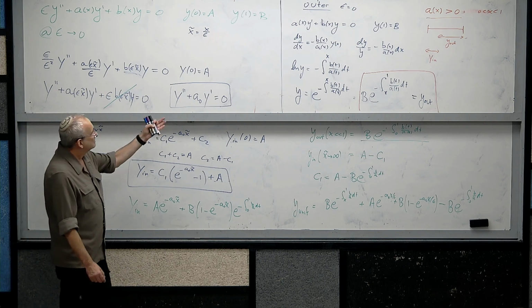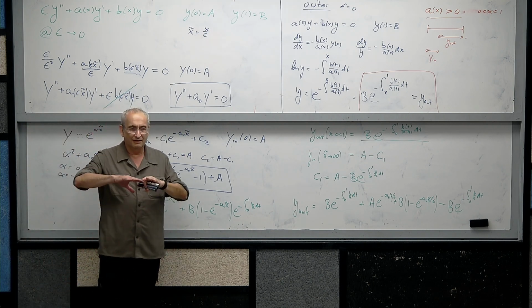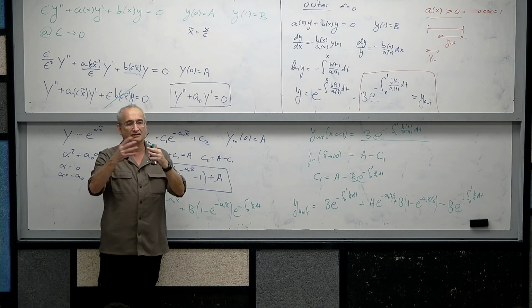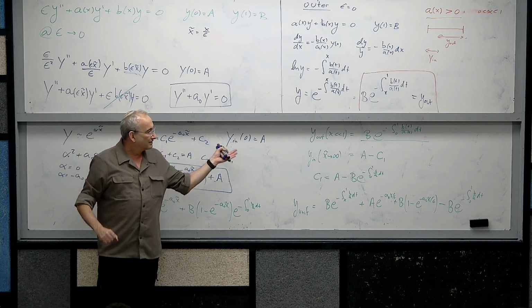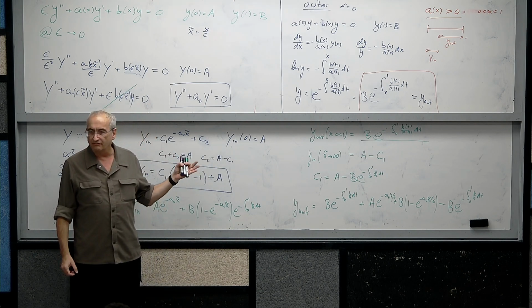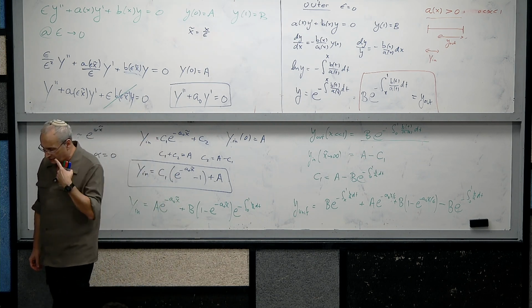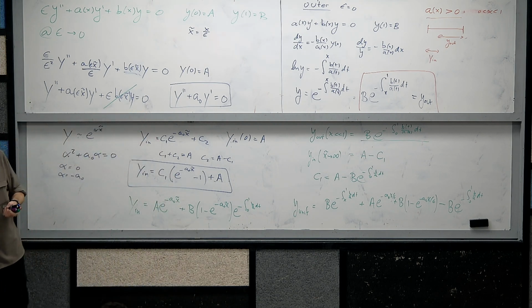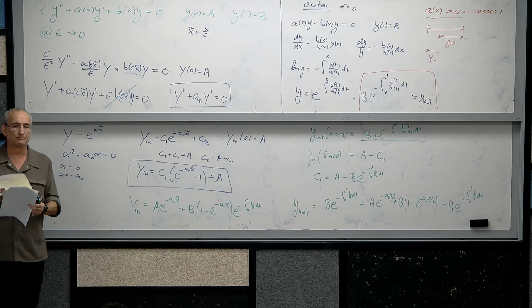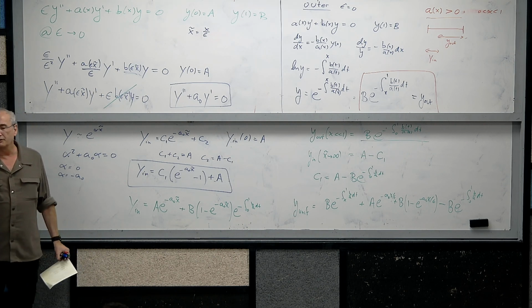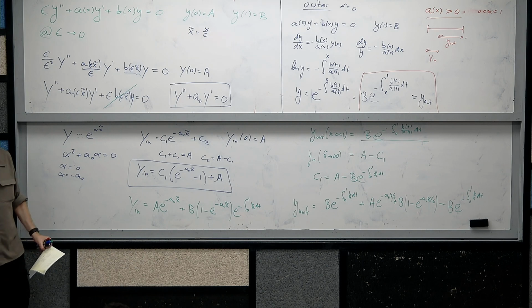And the idea is that you can bridge between the inner region and the outer region by using the technique of asymptotic matching. And next lecture we will elaborate a little bit on two other examples of asymptotic matching before moving to the WKB technique. Thanks.